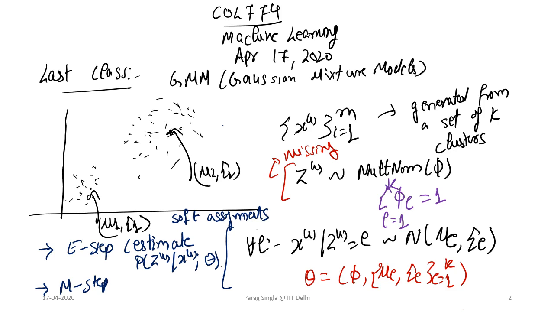So the M step would essentially be argmax over theta of p of xi, let me write it here, zi, and then parameterized by theta, right? And we can write this over all examples, right?